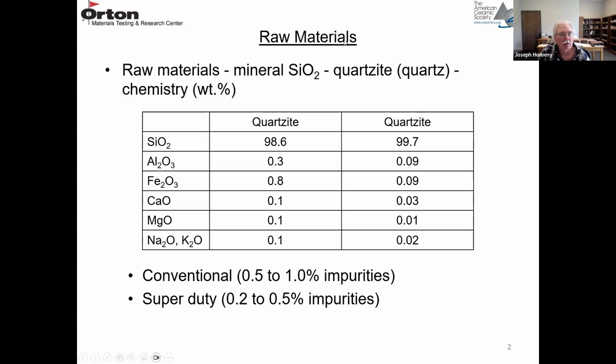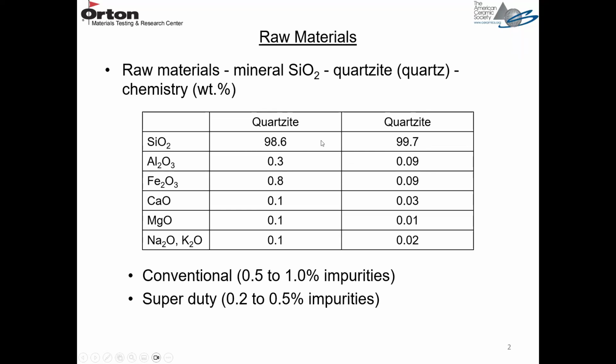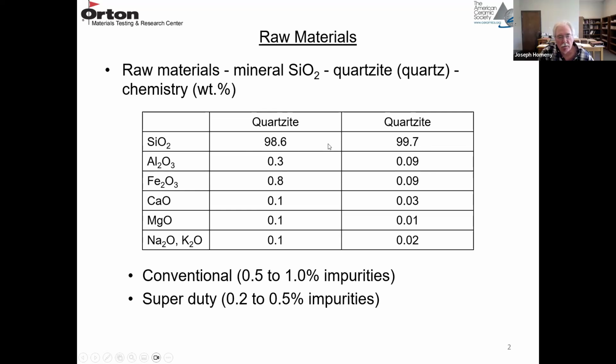So the raw material for a silica refractory is quartzite, just quartz. And I've listed two chemistries here. The first one is 98.6% quartz. The other one is more pure, 99.7. So these refractories have to be high purity in order to have high melting properties.